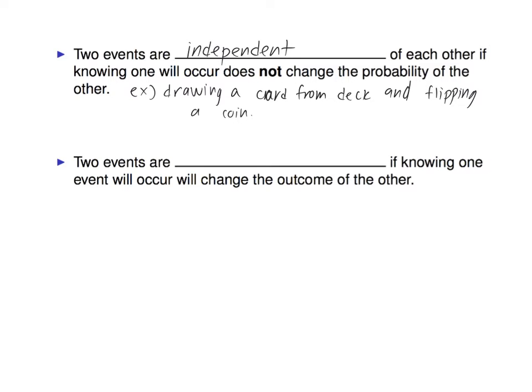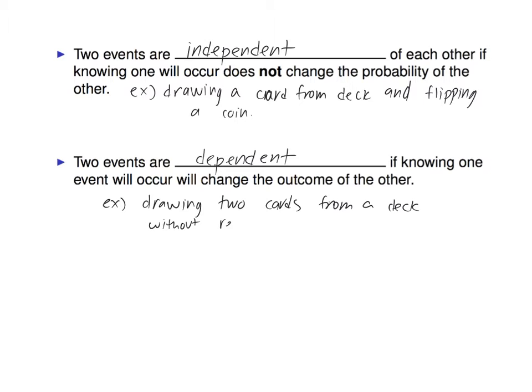And the opposite of that is dependent. That's if knowing one event will occur will change the outcome of the other. So, for example, drawing 2 cards from a deck, and I'm going to add some words, without replacement. That's how most cards work, right? If you're playing a card game, usually you take a card and take another card, right?